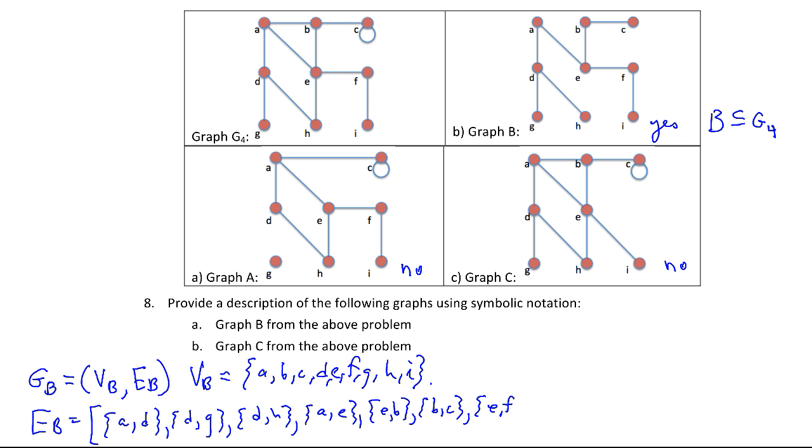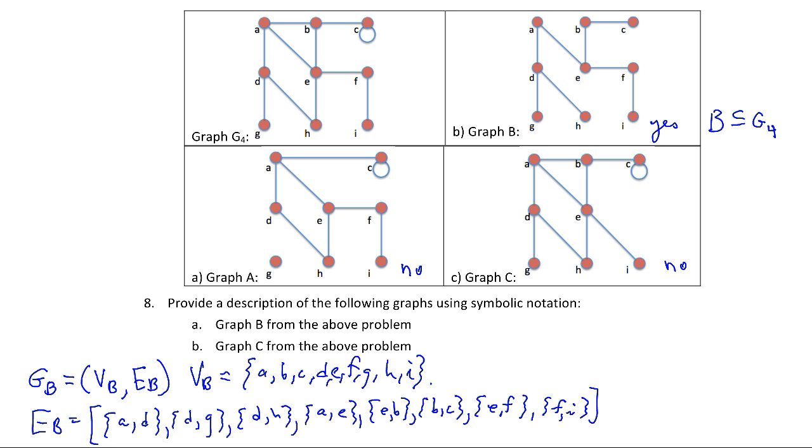Sort of making my way around this graph, EF and now FI. Okay, and I think that does it. Let's count, double check here. I have 1, 2, 3, 4, 5, 6, 7, 8 links and 9 nodes. 1, 2, 3, 4, 5, 6, 7, 8. Good.